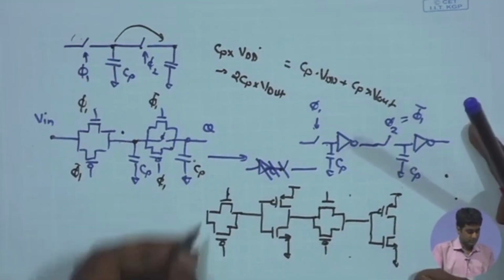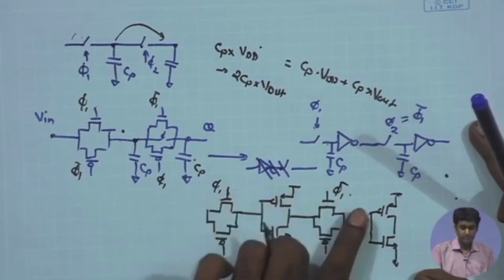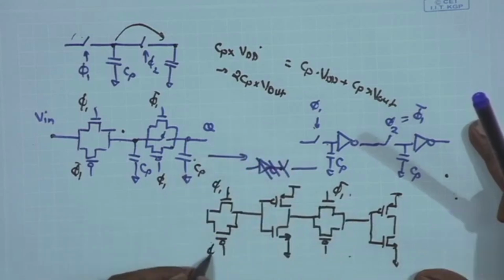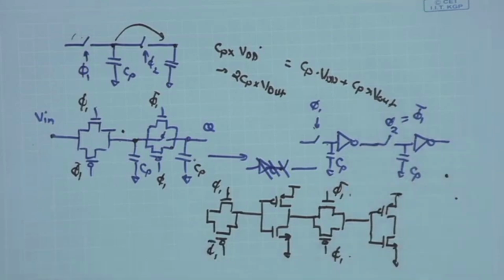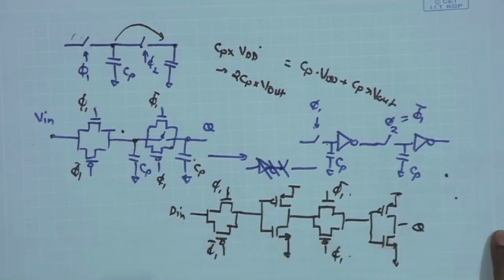So, this is the transistor level picture. You have the phi 1 bar. Phi 1 bar means just the opposite phase of the clock. This is phi 1 bar and this is phi 1, and this is your D in and this is your Q.